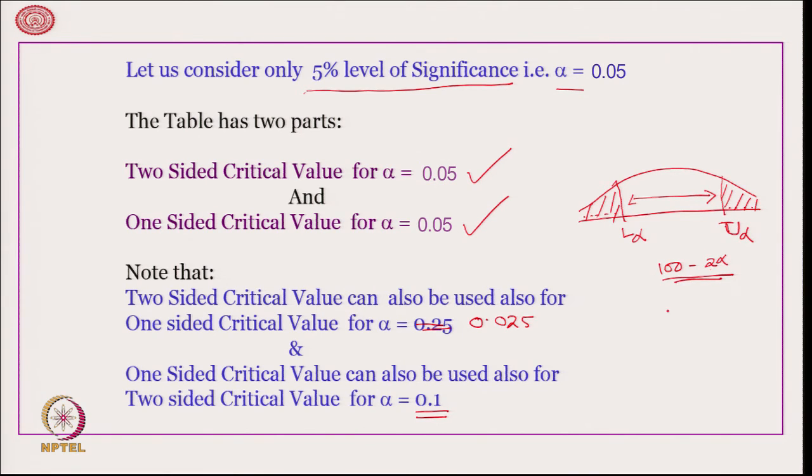If alpha is equal to 0.05, then this is going to be 90%. That is why we say that the one sided critical value can also be used as the two sided critical value for alpha equal to 0.1.